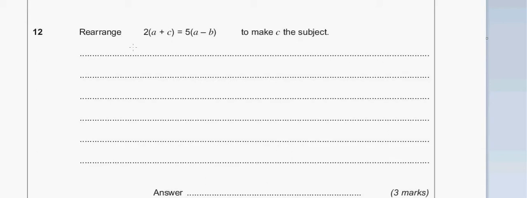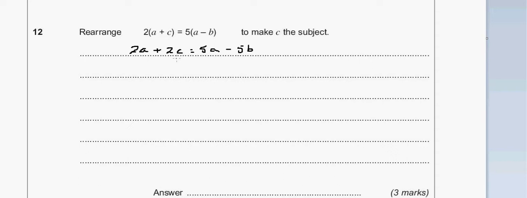So 2 times A is 2A plus 2 times C is 2C, and that equals, now if we want to, let's multiply this out, but we don't have to because there's no C's in there. I could have just left that as it was because we're only interested in this anyway.